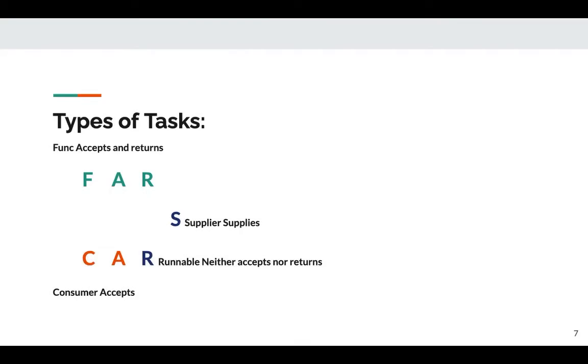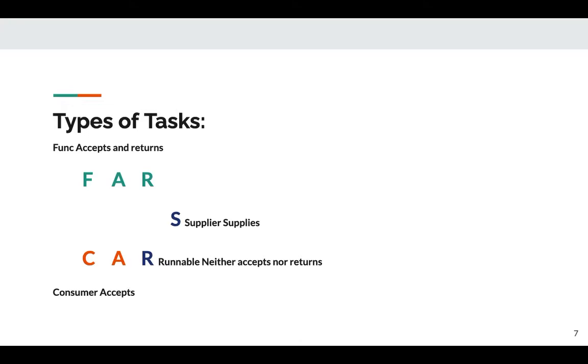Now, even though the names pretty much do what they say, I came up with a stupid acronym so that I could remember it. Maybe it would be useful for you guys to remember as well. So you can remember far and car with an S in between. So FAR stands for function accepts and returns. So whenever you need to both accept and return values in the pipeline, use a function. Now CA at the bottom stands for consumer accepts.